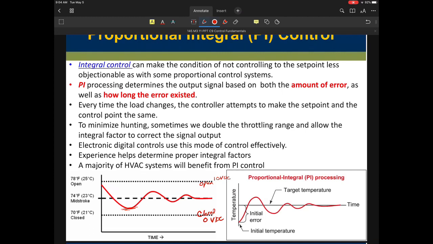I'll use this as an example. And in the lower part here, this valve is going to be closed, and it's going to be 0 volts DC. All right, now, when you set up your throttle range, in this case at 8 degrees, from here to here, your total throttling range was set up as 8 degrees.